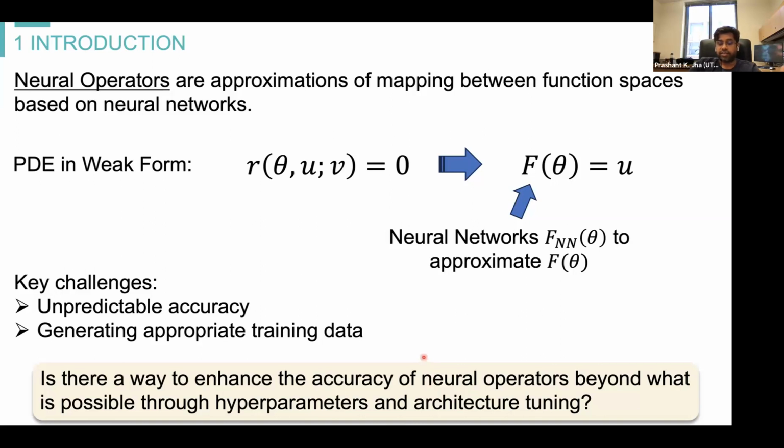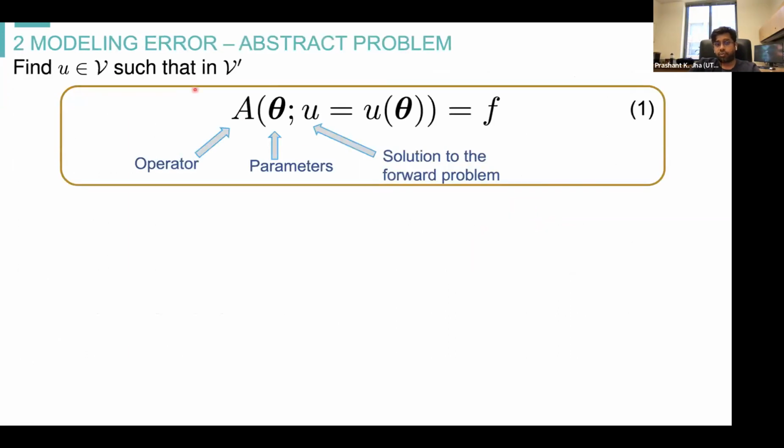Right? And this really is related to modeling error. So here is a model, here is the approximation, and we are basically looking at modeling error and some way to control it, or find a mechanism to enhance the accuracy. So this brings me to the second topic, which is modeling error, and from there we are going to look at the approach to enhance the accuracy.